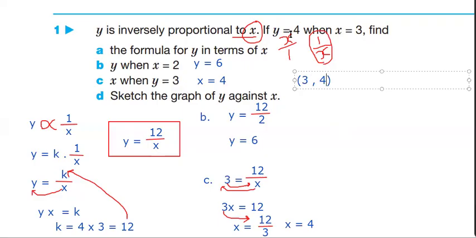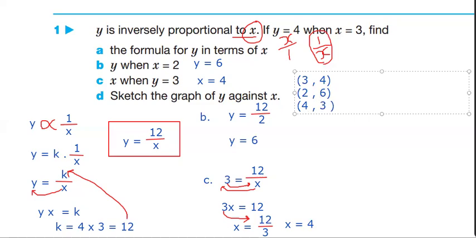Second coordinate here, the x is 2, the y is 6. And then the third one, x is 4, and y is 3.